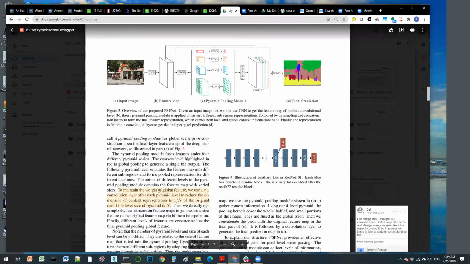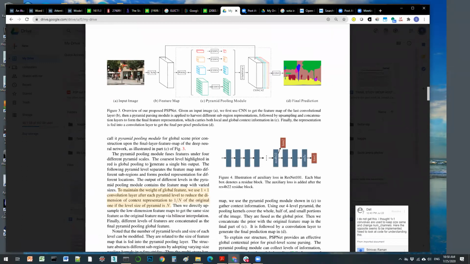Let's say, and I might get this slightly wrong, but in the example in the Medium post that we'll see in a little bit, your original image had 2048 channels, and you are using 4 pools, or 4 scales, dividing into different subregions and doing pooling for different locations.